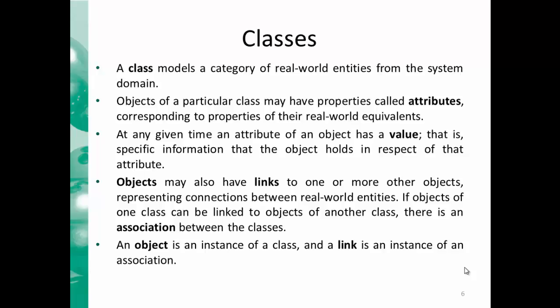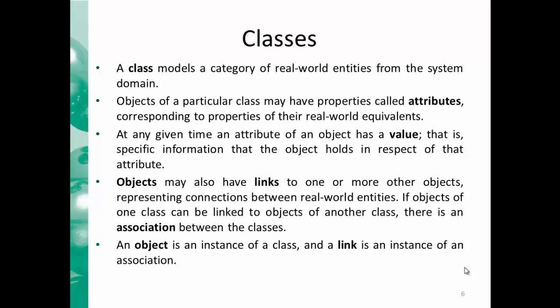To be able to complete building the class, we need to find out what the attributes of this class's objects are. And we know that for each attribute of an object, there is a value. So if we assume that the object is a student, then the student has an attribute, for example, first name, and that needs to have a value. For example, Ahmed is a value for the attribute name of the object student from the class Student.